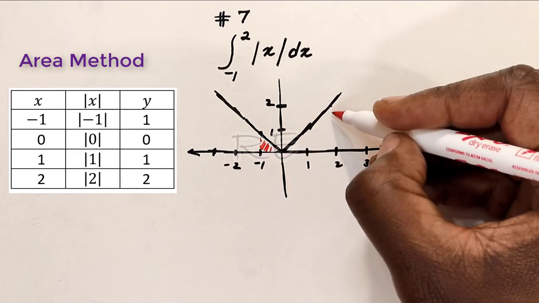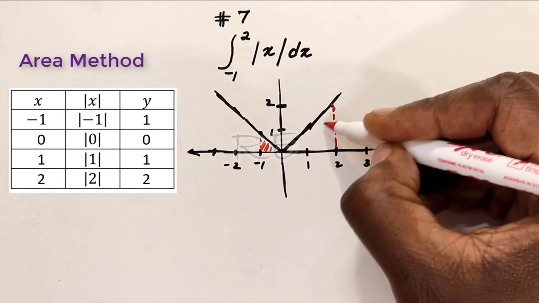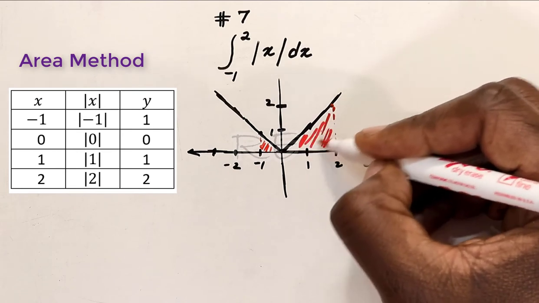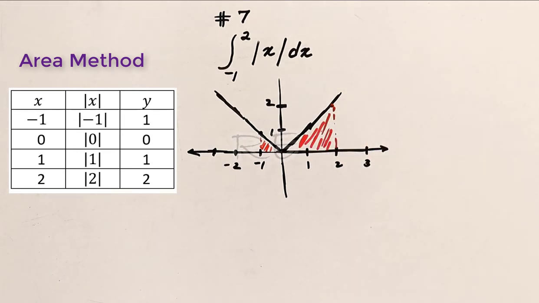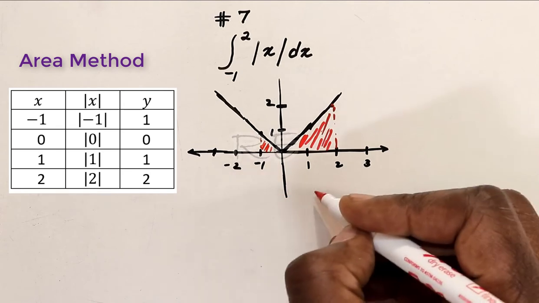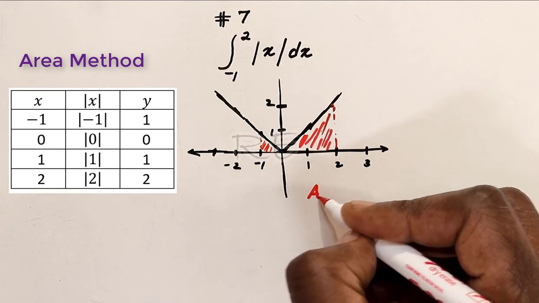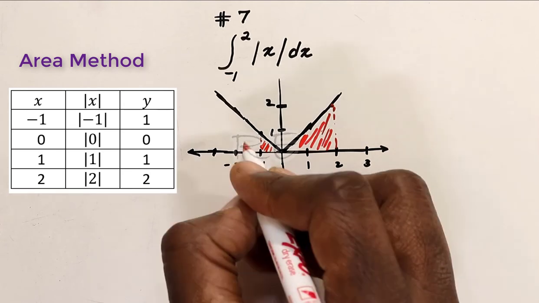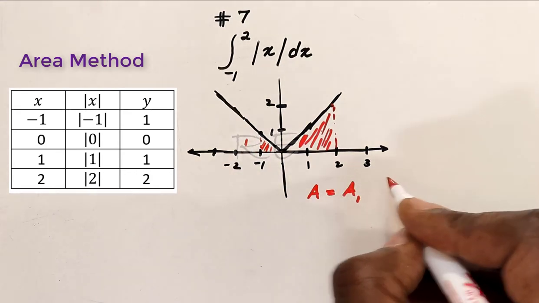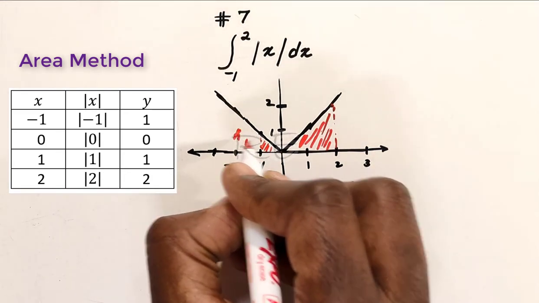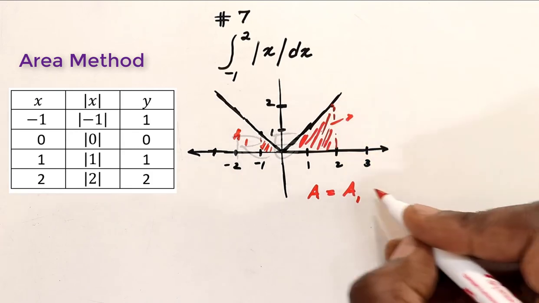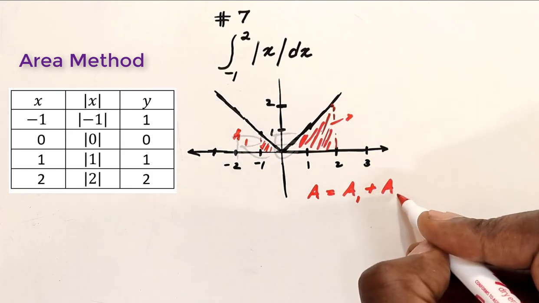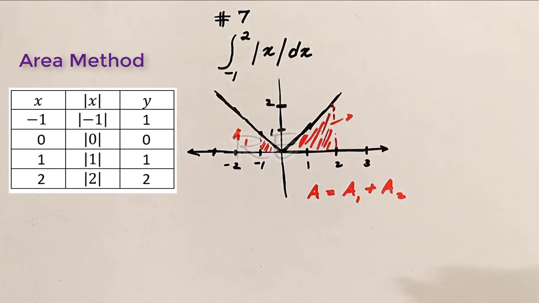Now the area under the curve from -1 to 0 is a triangle, and the area under the curve from 0 to 2 is also a triangle. So the total area is triangle 1 plus triangle 2.